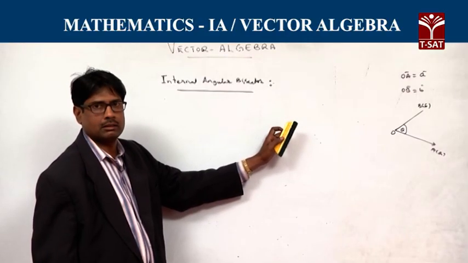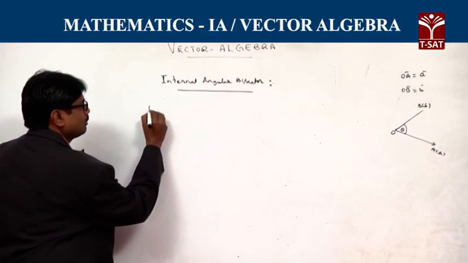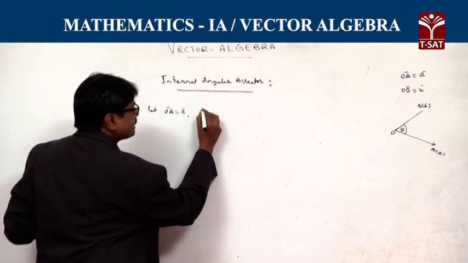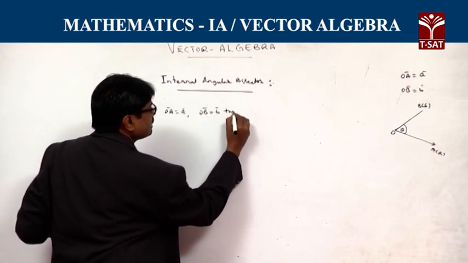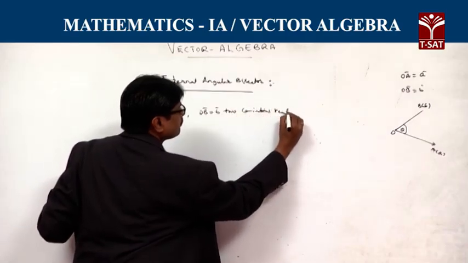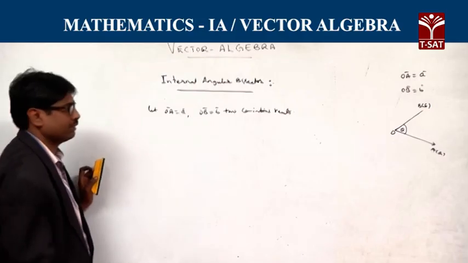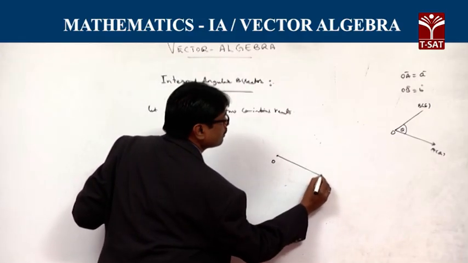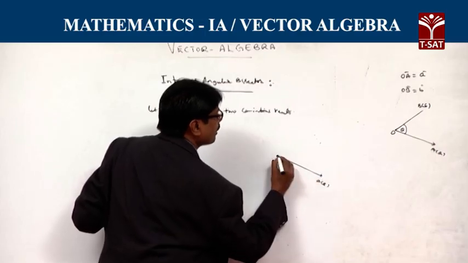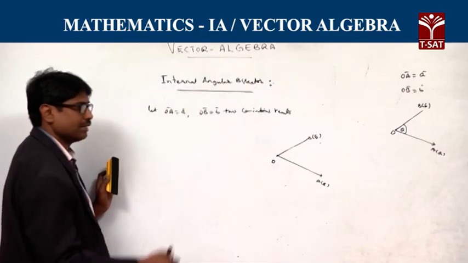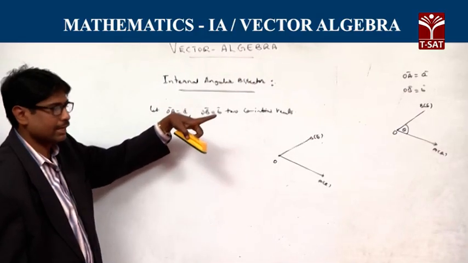Consider OA bar is equal to A bar and OB bar is equal to B bar, two coinitial vectors. Theta is the angle between them.